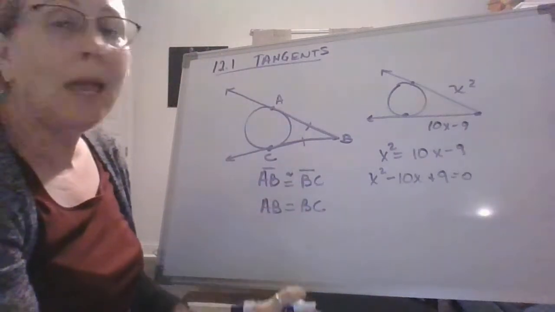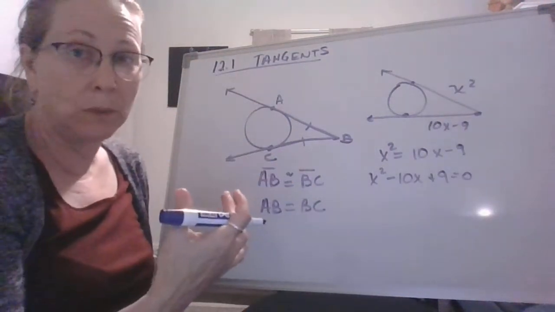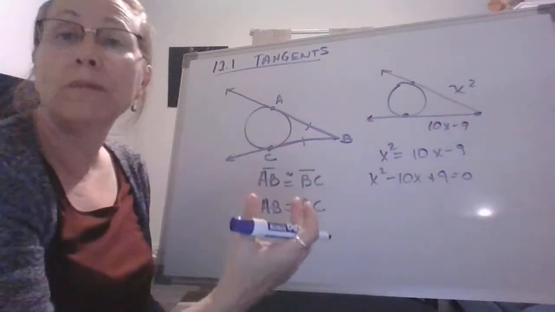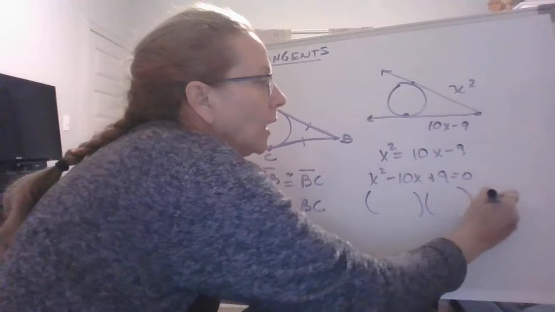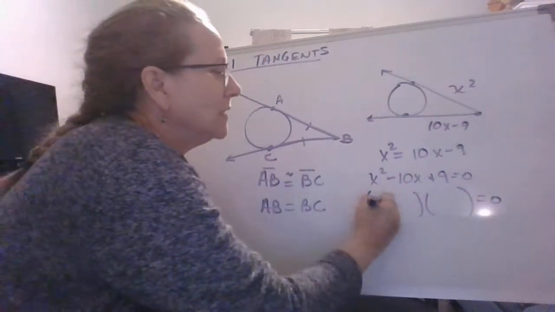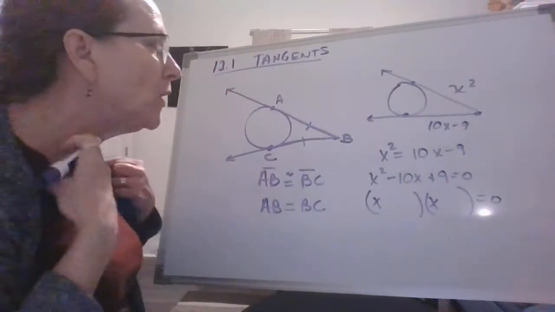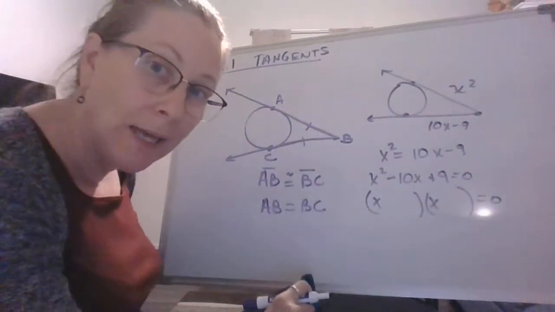So now we have a factoring problem. Instead of FOILing, which we reviewed a moment ago, we're going to be factoring. We're going to reverse the process. Hopefully this all comes back to you. x times x for the first part, and then we need numbers that multiply to 9.